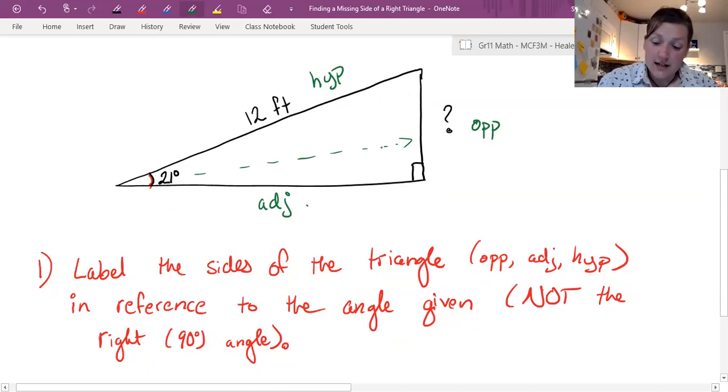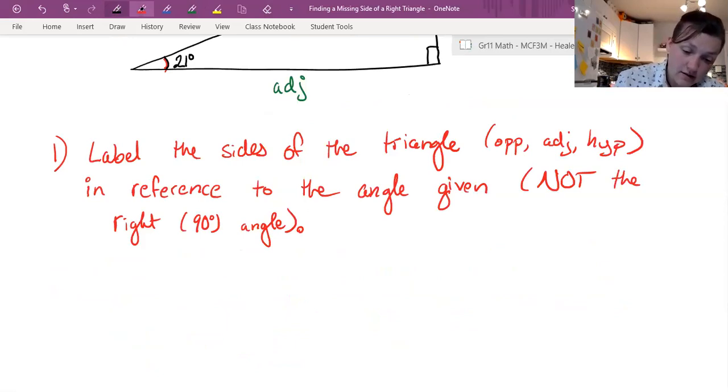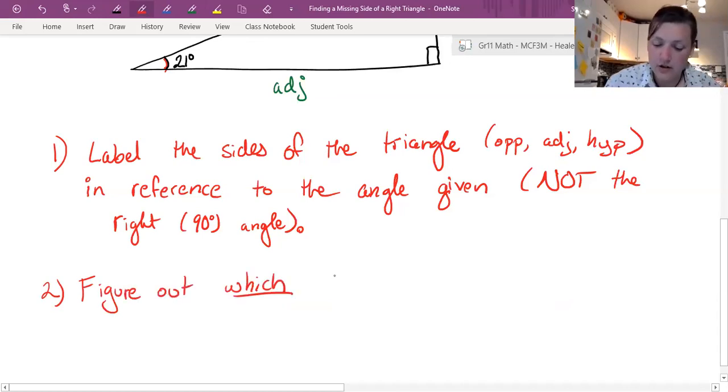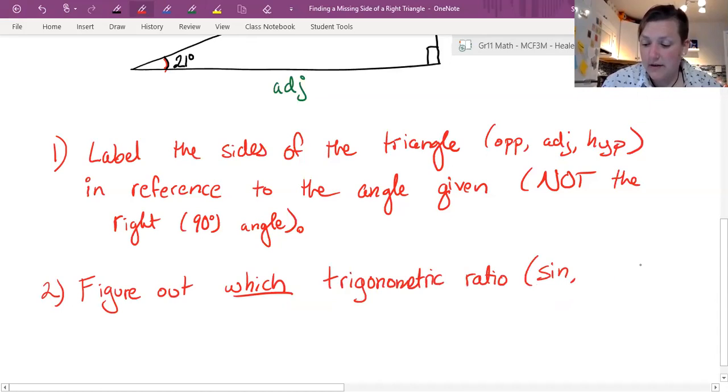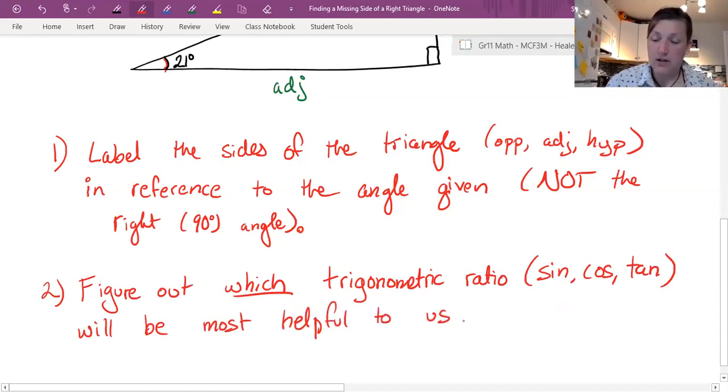Okay, so then the next step is we take this question right here and we figure out which trigonometric ratio, so that's like sine, cosine, or tangent, will be most helpful to us here, because we're going to use them to help us figure something out.